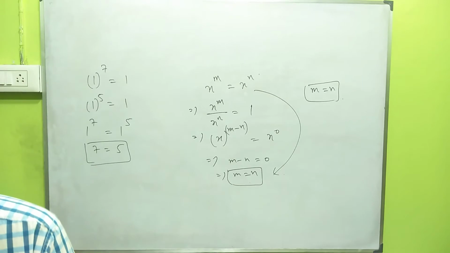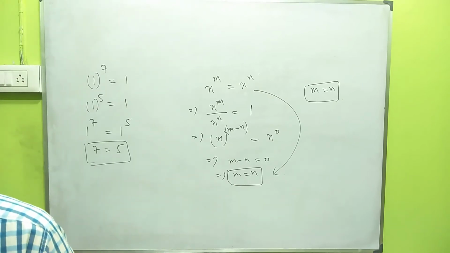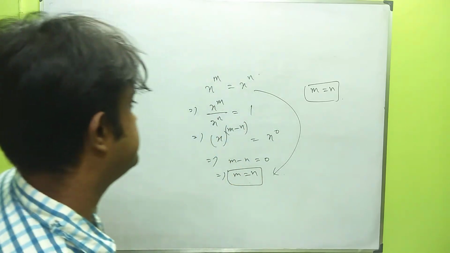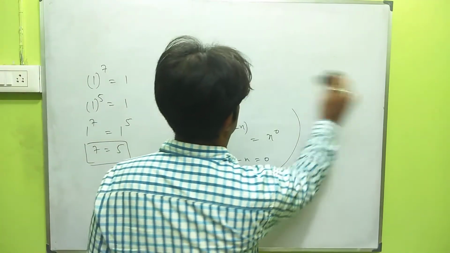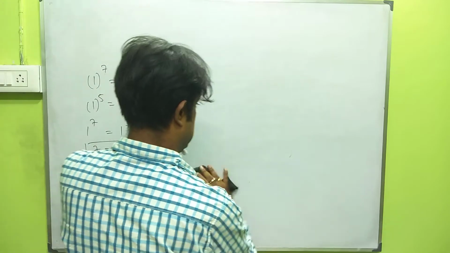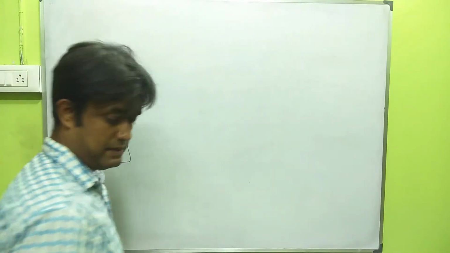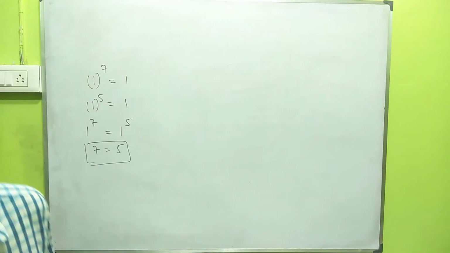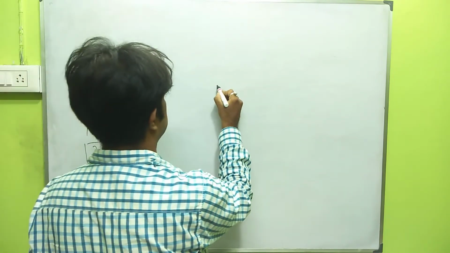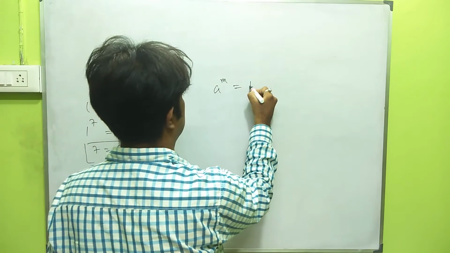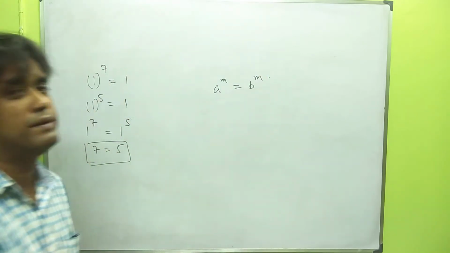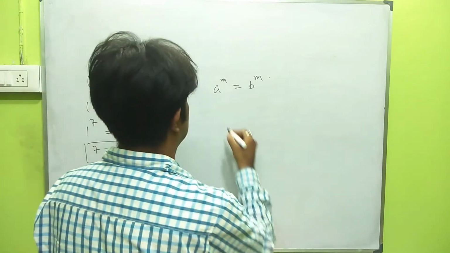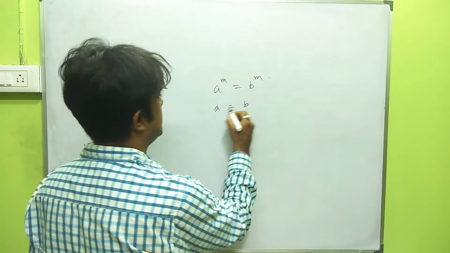Now, if a to the power m is equal to b to the power m, then a is equal to b.